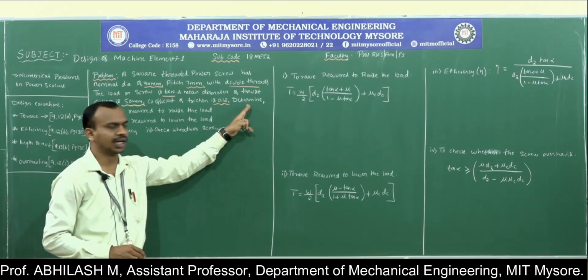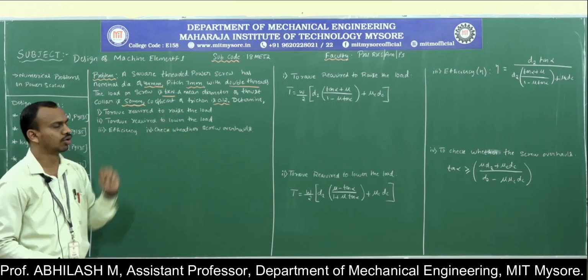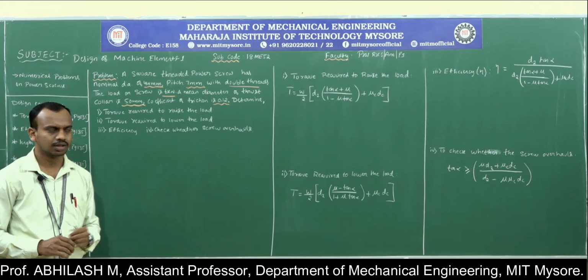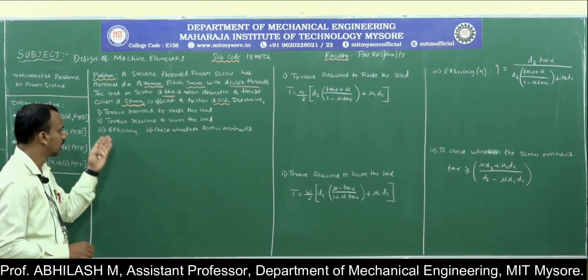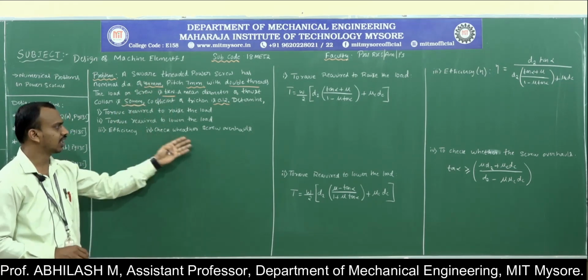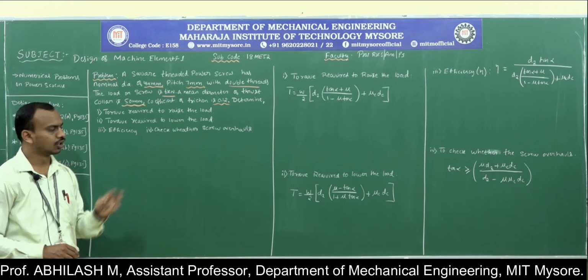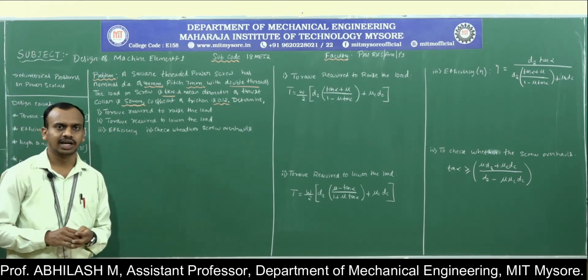We are supposed to determine the torque required in order to raise the load, the torque required in order to lower the load, the efficiency of this particular power screw, and check whether the screw overhauls. So these are the four parameters we are supposed to identify based on the data given.